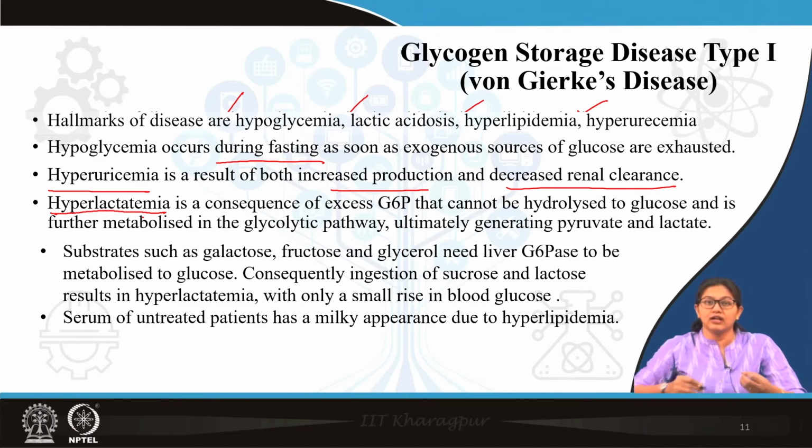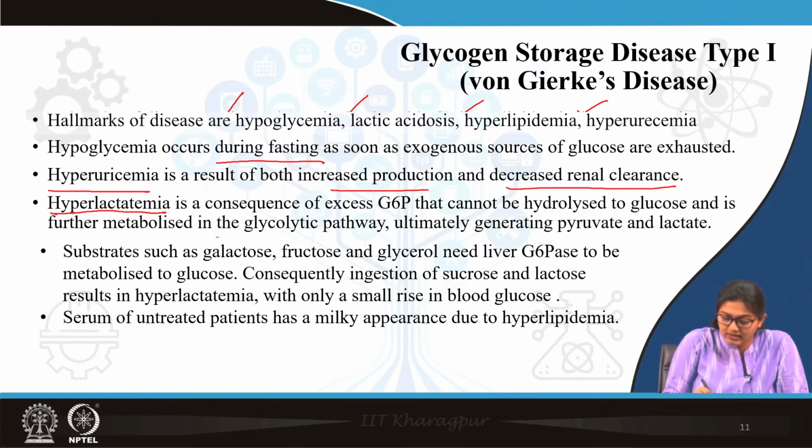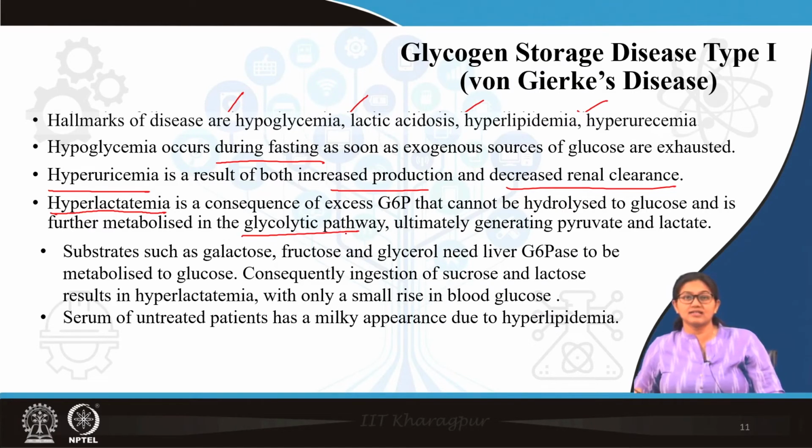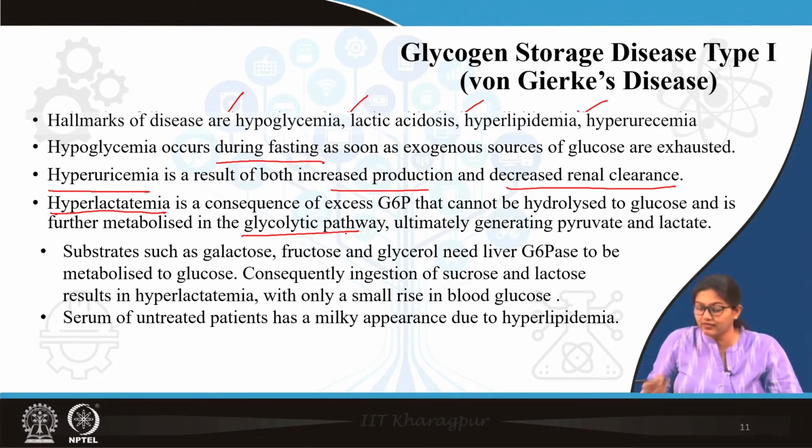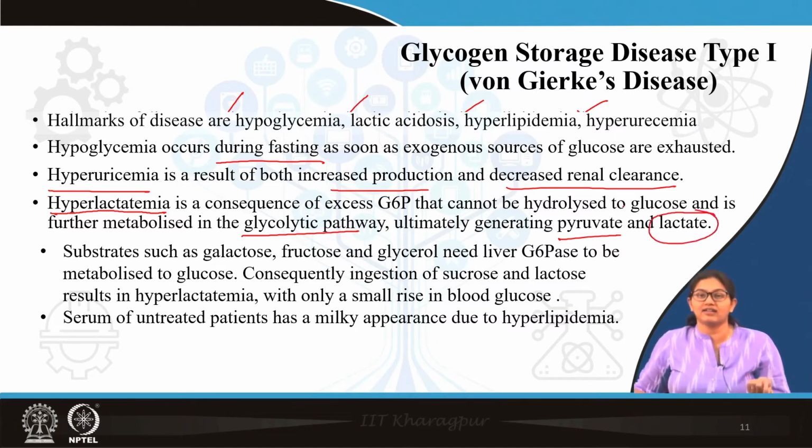Because this glucose 6-phosphate cannot be hydrolyzed to glucose, it is entering in excess into the glycolytic pathway, giving rise to pyruvate, which is finally giving rise to lactate. So, that is causing hyperlactatemia, that is causing lactic acidosis.